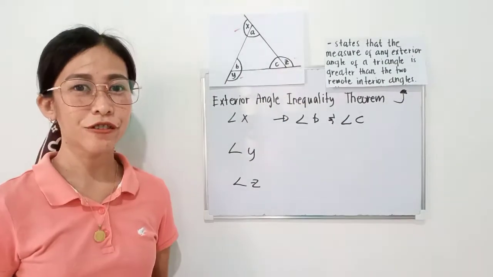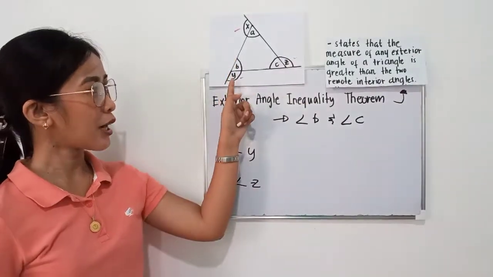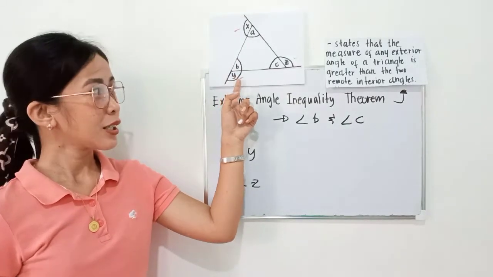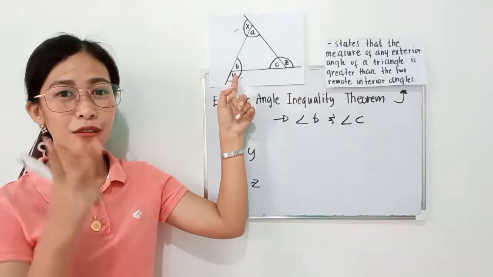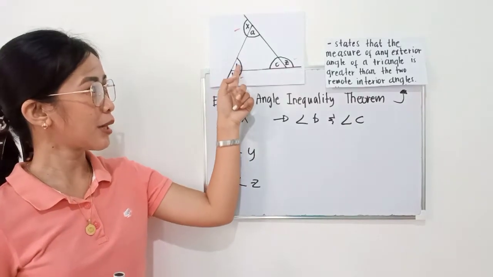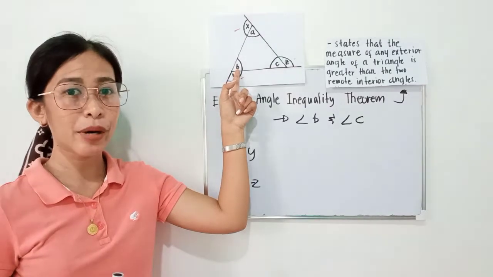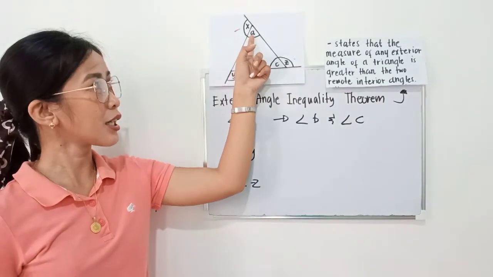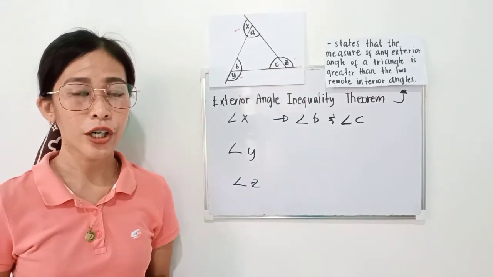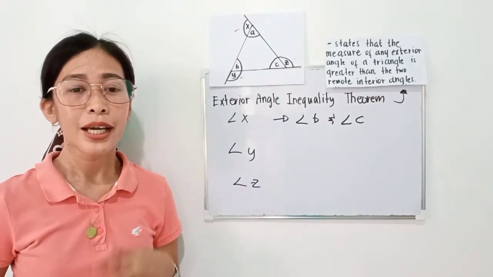Now, let us identify the remote interior angles of the exterior angle Y. Okay? So, titingnan niyo lang palagi kung ano yung dalawang angles na hindi niya nakatabi or na-touch. Like, eto, di ba, na-touch niya si angle B kasi kalinear pair na siya. Therefore, si angle A tsaka si angle C ang kanyang remote interior angles. From the word itself, interior.